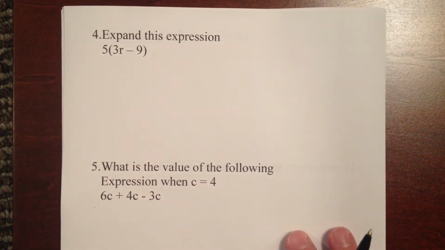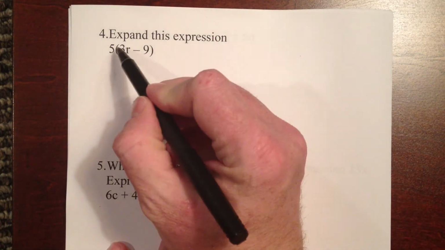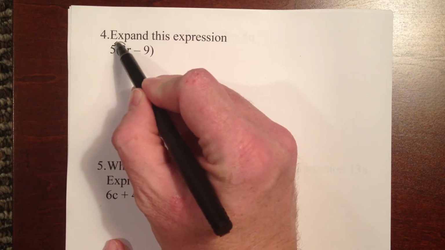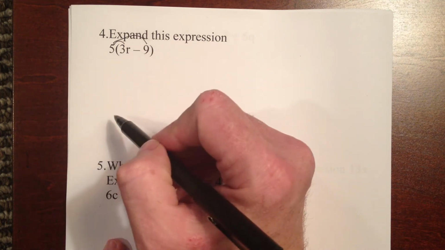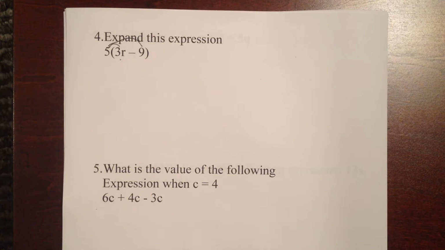Now we have to expand this expression. What that means is basically whenever we have a number out here, we have to multiply inside. We have to expand this. We have to distribute that 5 throughout. So we multiply it by that and by that. Now remember, we can combine like terms when we add. We have to have the exact same variable and exponent. But to multiply, we can multiply darn near everything.